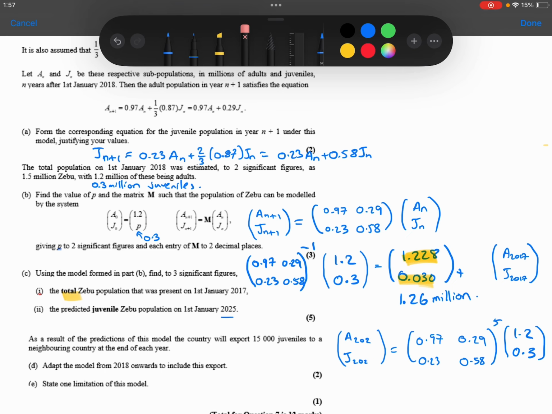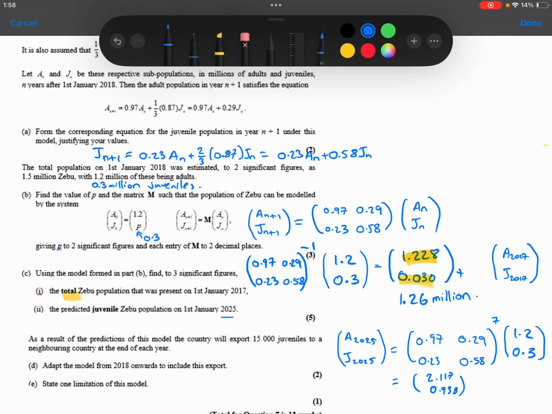2024, multiply it by power 6. And then finally, to get it one more time, to get it into the year that we want, to find out the values in 2025, we are taking our matrix M, putting it to the power 7 before multiplying it by our 2018 values, and we find that the adult population is 2.117 million and the juvenile population is 0.938 million.